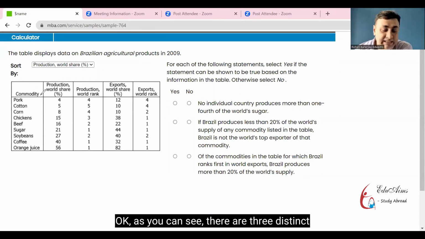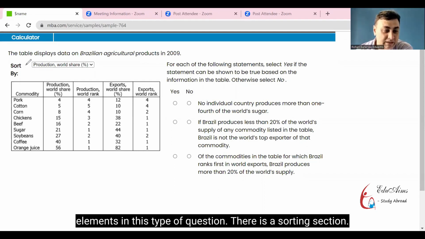As you can see, there are 3 distinct elements in this type of question.